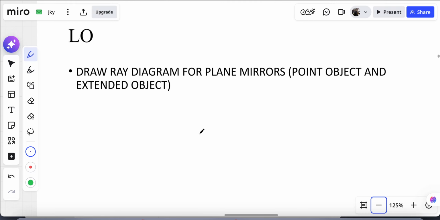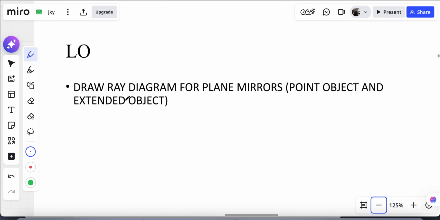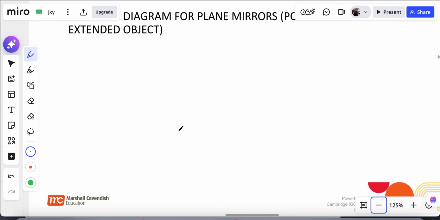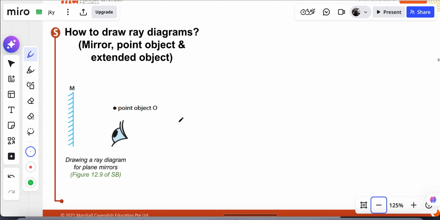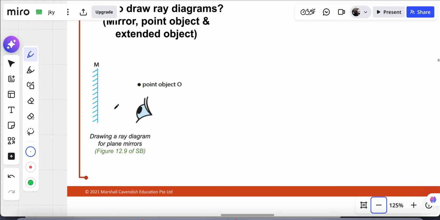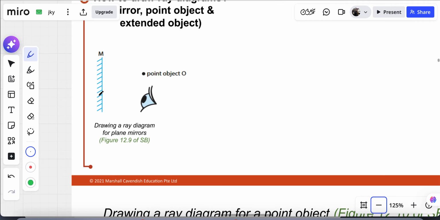Let's take a look at this second learning objective. Drawing the ray diagram for plane mirror, point object and extended object. So how to draw the plane mirror? That's another learning objective here. Now you have an object here. Here's a mirror. How is the image formed?